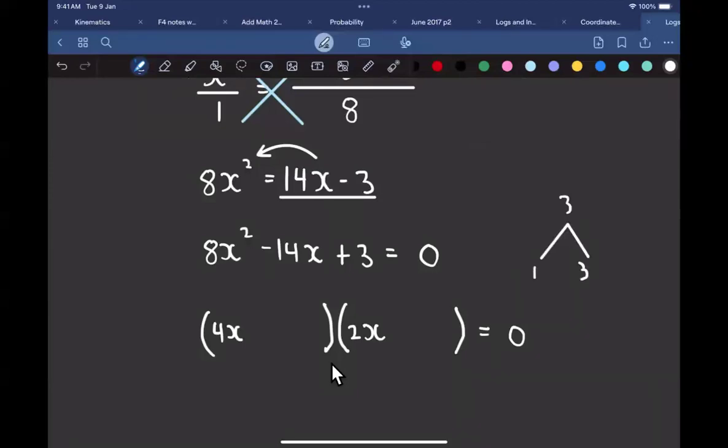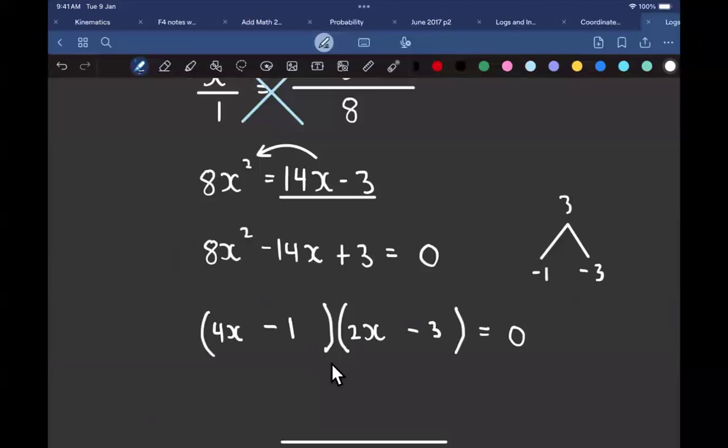But how are we going to get a negative term then? Minus 1 by minus 3. And we want to get minus 14x. If I put the minus 3 over here, it will multiply by 2 and give us 6. That wouldn't work.